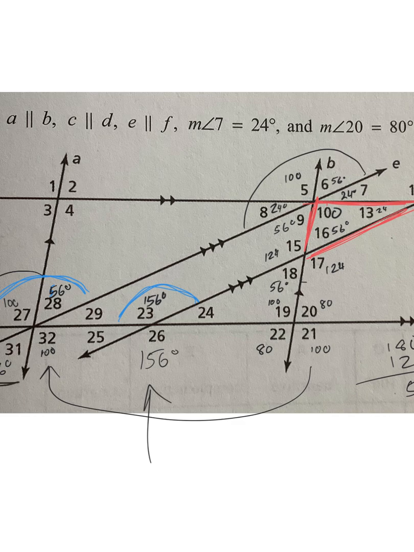And you have a straight line here. A straight line is 180 degrees. Subtract those two other angles, 156, and you get 24 degrees for angle 30, and also angle 29, vertical angles.